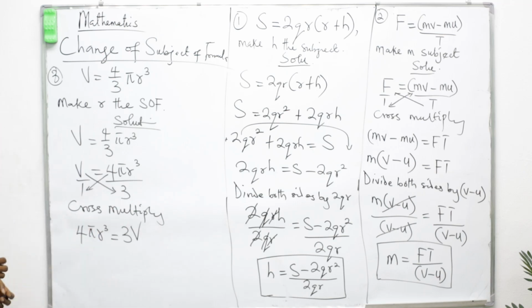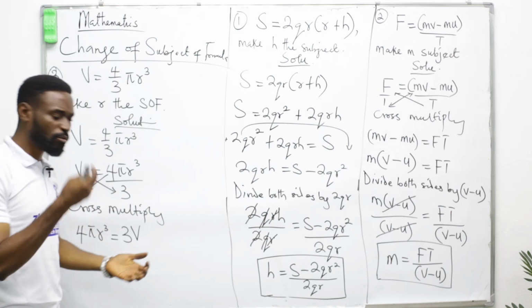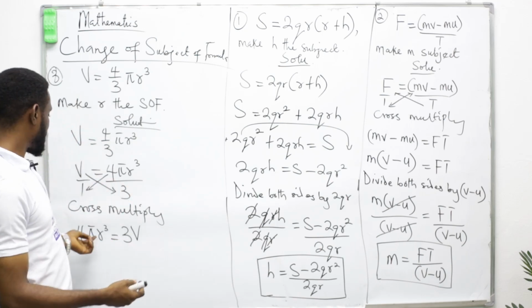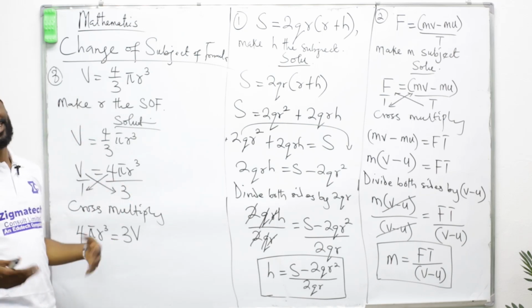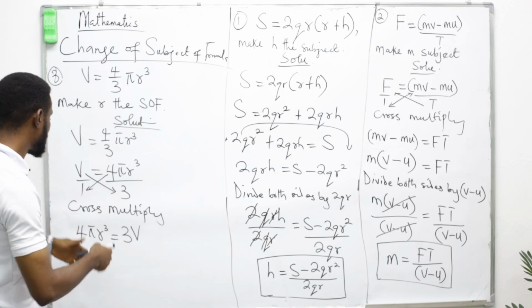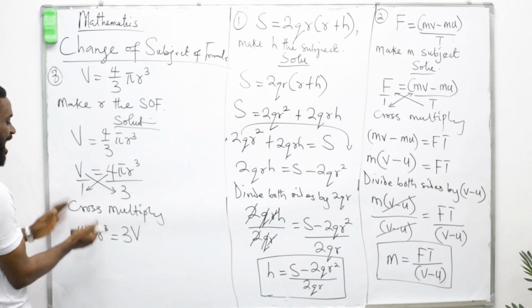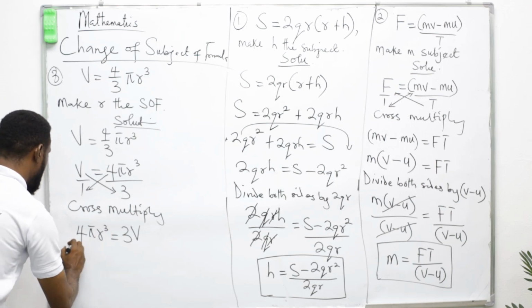What can we do next now? Our aim is to make sure that everything around R is taken out so that R will be alone. So let's divide both sides by 4 pi.